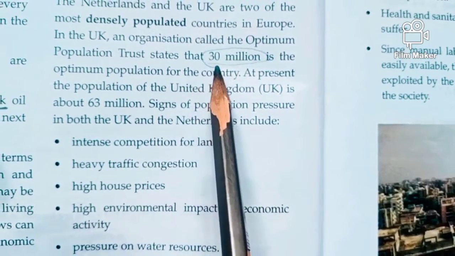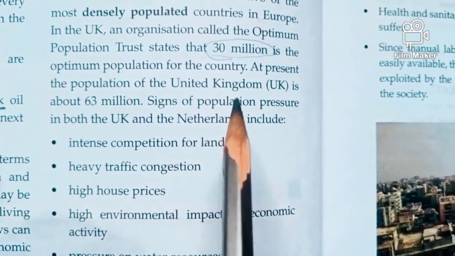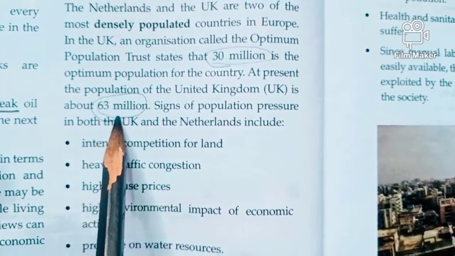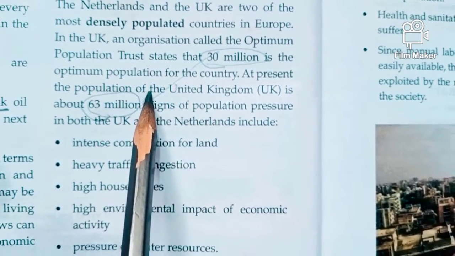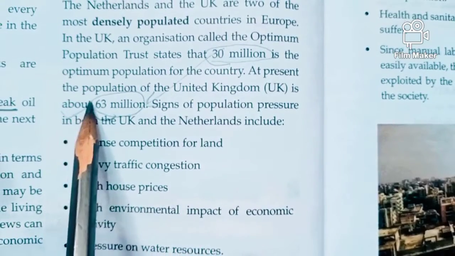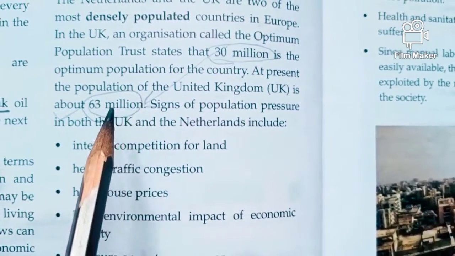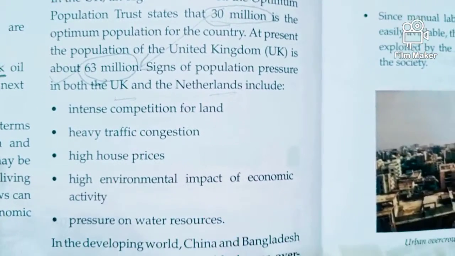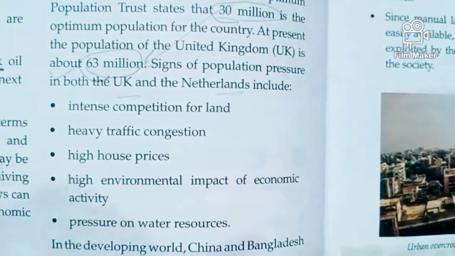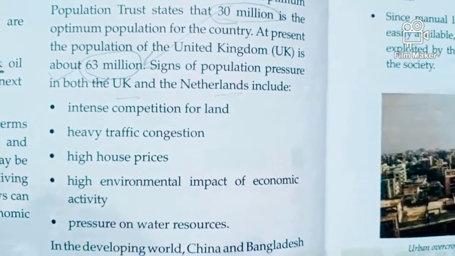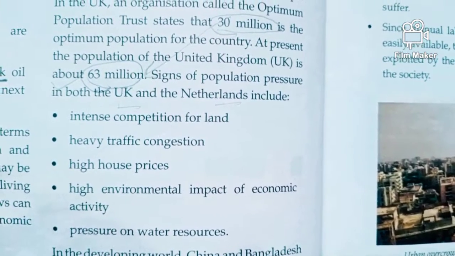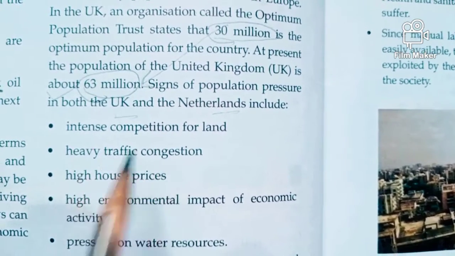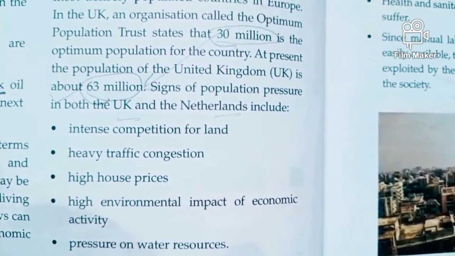So in short, we can understand that in Europe the favorable optimum population is 30 million, but in United Kingdom we have 63 million. This means it crosses the optimum population, so it becomes overpopulated. As this is overpopulated, UK and Netherlands are facing some problems. The first problem is a lot of competition for land, which can be used for industries, for living and for agriculture. Heavy traffic can be seen like in Mumbai and Delhi.